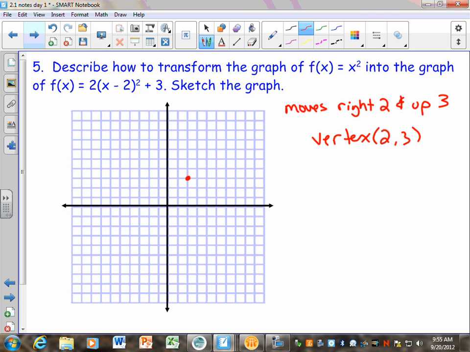If I'm stretching it by 2, when I go right, I'm going to go up 2 instead of up 1. If you don't like doing it that way, you can always make an xy chart. Pick the points right next to your vertex, and that will always give you those other points. So if you pick 1, you're going to get 2 plus 3, which is 5.